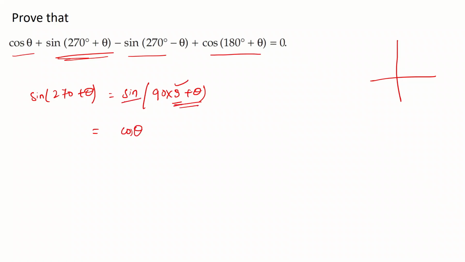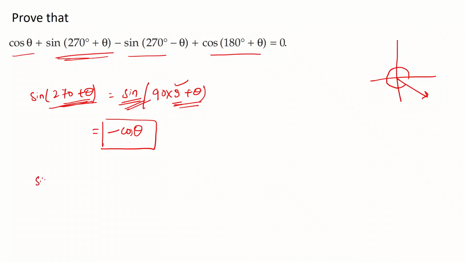And now you have to see in which quadrant this 270 plus theta is falling. So 90 times 1, 90 times 2, 90 times 3, so this is 270, and then plus theta is in the fourth quadrant. In the fourth quadrant, we know that sine takes a negative value, so we apply a negative sign over here. Alright, so sine(270 + θ) simplifies to minus cos θ.